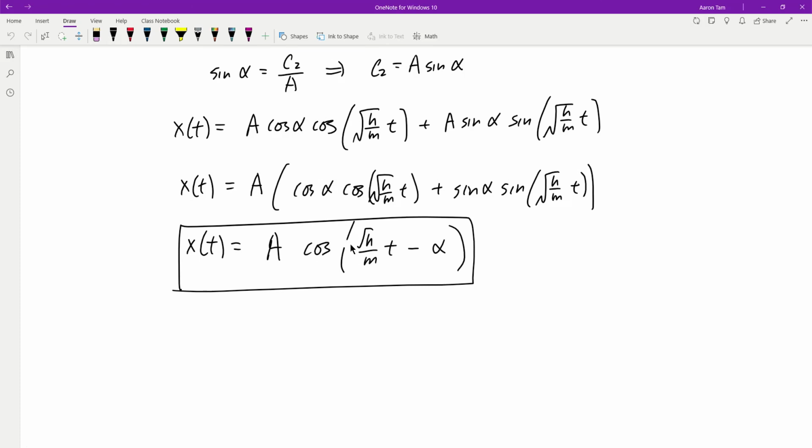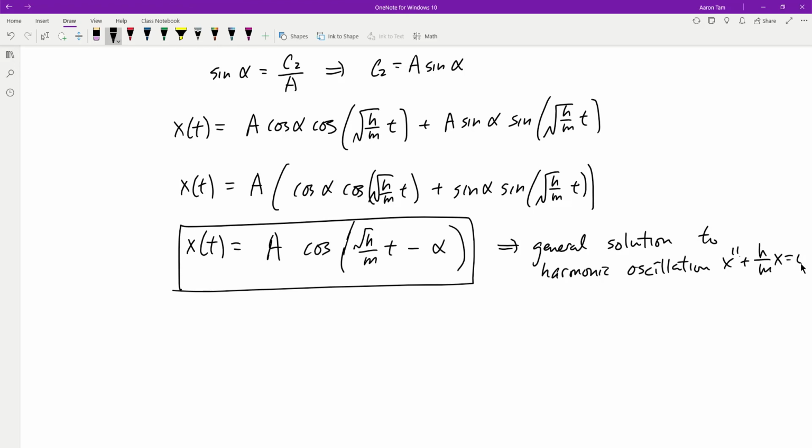In this differential equation, this general solution, there are several important things. So this is basically the general solution to the harmonic oscillation x double prime plus h over m x equals 0.